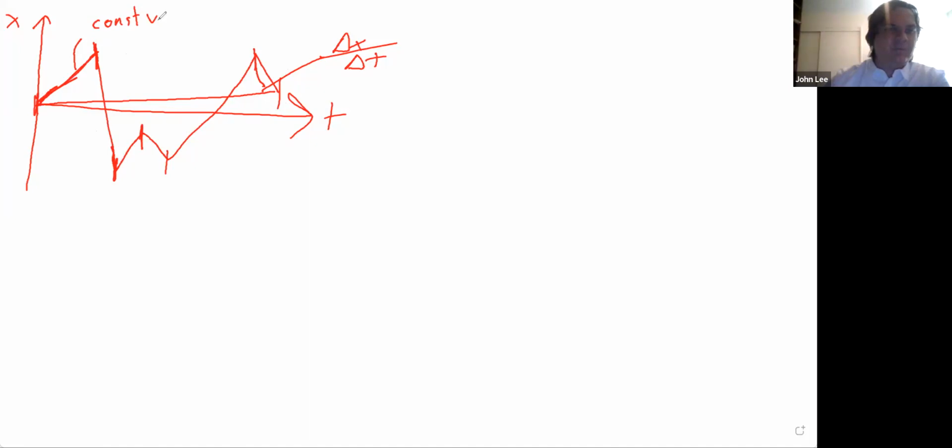Each of them gives you a constant velocity, which is going to give you eventually the average velocity, but we're not going to worry about that right now.